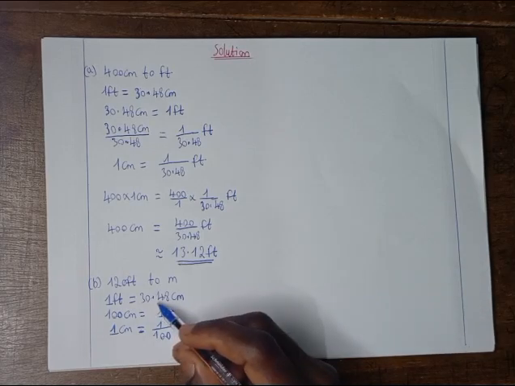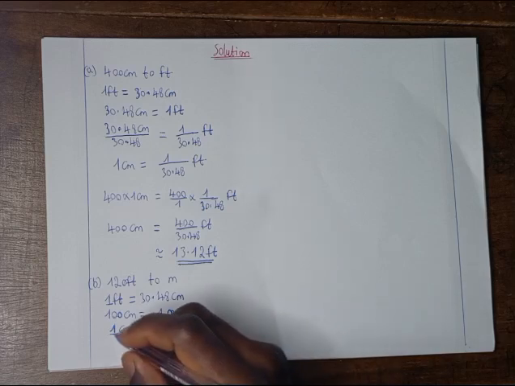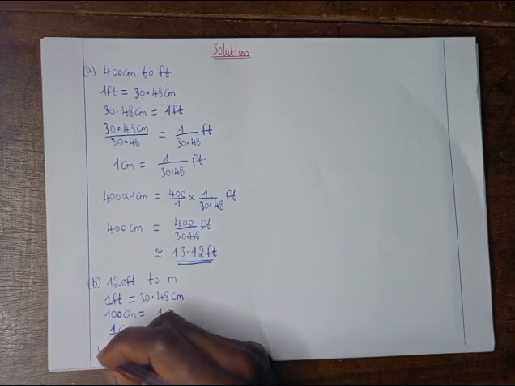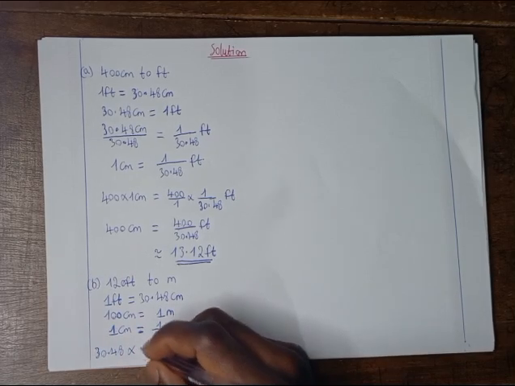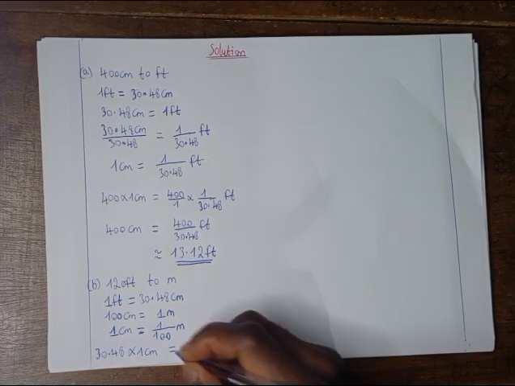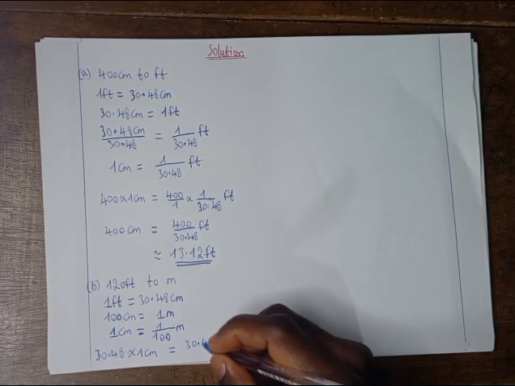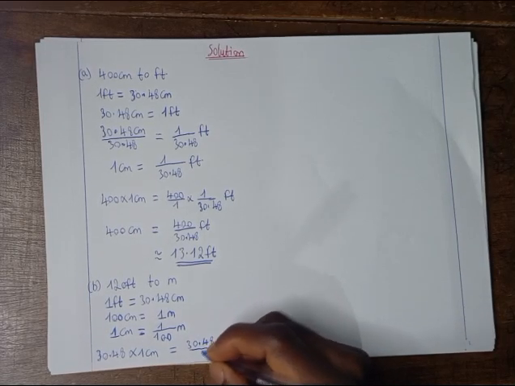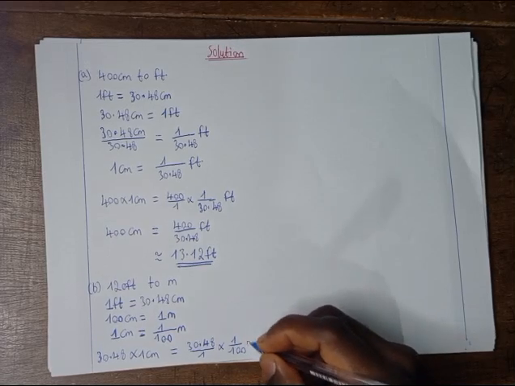Now we can convert 30.48 centimeters to meters. We multiply both sides now by 30.48. 30.48 times 1 centimeter will be equal to 30.48 all over 1 times 1 over 100 meters.